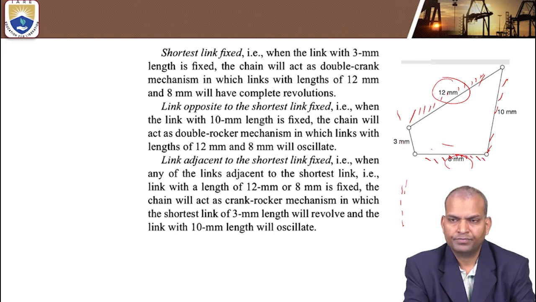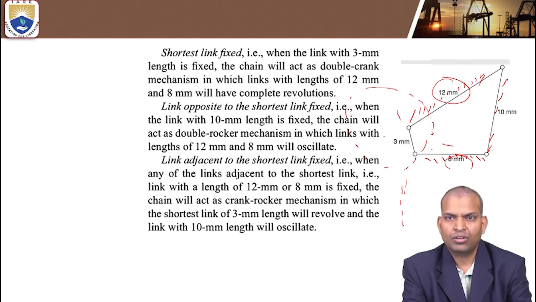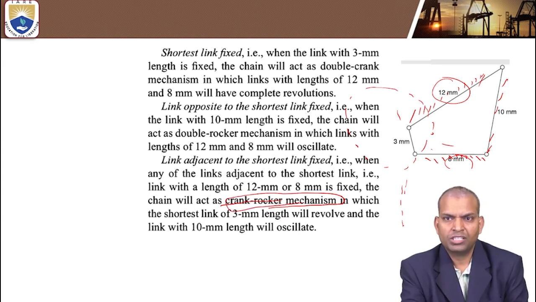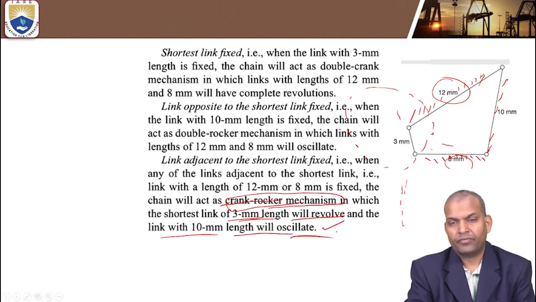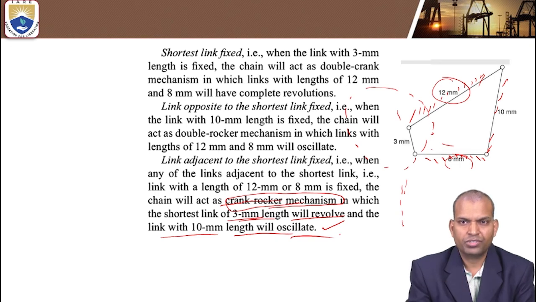Then the 3 millimeter shortest link will act as a complete crank with complete revolution, and the 10 millimeter link will oscillate, so it becomes a crank rocker mechanism. The shortest link of 3 millimeter length will revolve and the link of 10 millimeter length will oscillate. Okay, there are 3 inversions we have studied here.